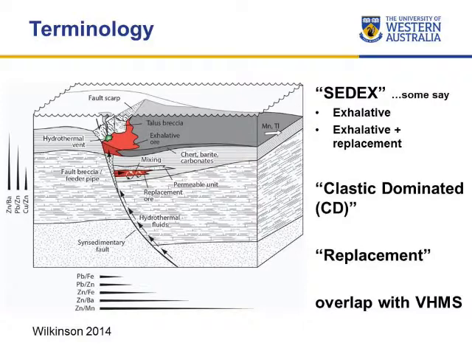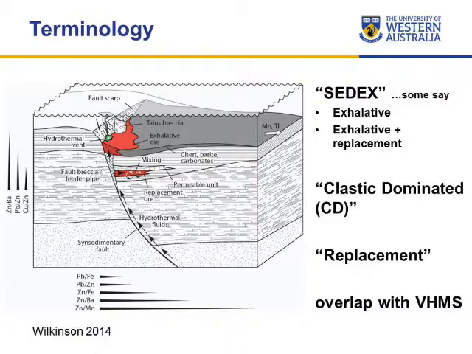Sediment-hosted base metal deposits are a loosely defined territory when it comes to terminology. Depending on who you read, every author seems to prefer their own description of each deposit. Commonly used are SEDEX, clastic-dominated or replacement style deposits.